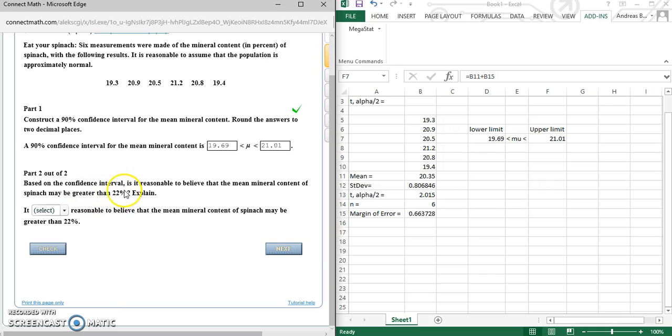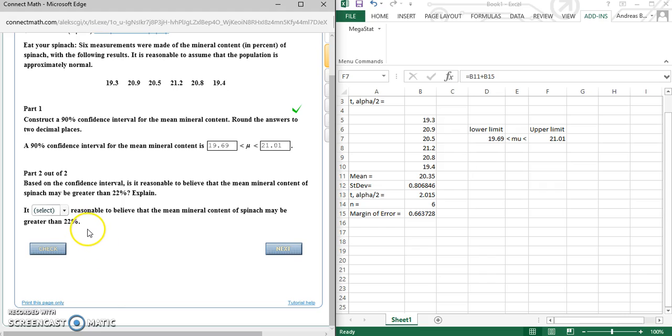Based on the confidence interval, is it reasonable to believe that the mean mineral content of spinach may be greater than 22%? So, is it greater than 22% is not in here. So, since these are our percents, 22% is not in here.